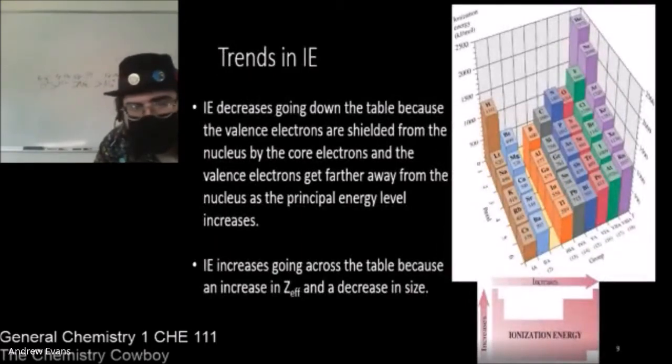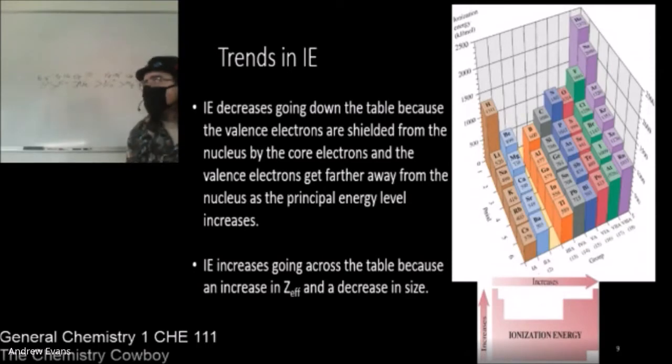But okay, so how do we understand this trend? We want to look at how the valence electrons are being held. This is going to be a competing trend between size and effective nuclear charge. Remember, effective nuclear charge controlled the size in itself, but here it's not just a direct correlation.